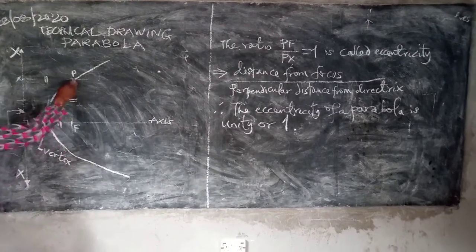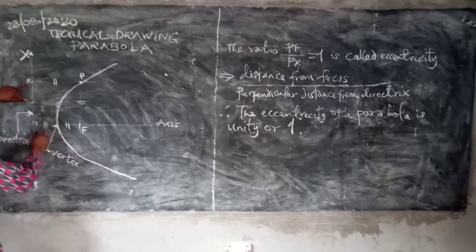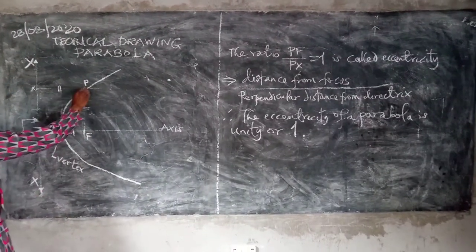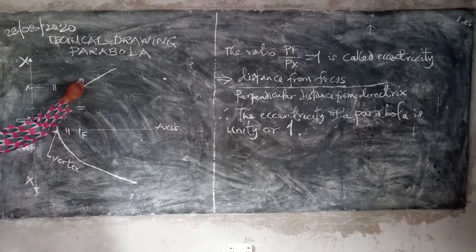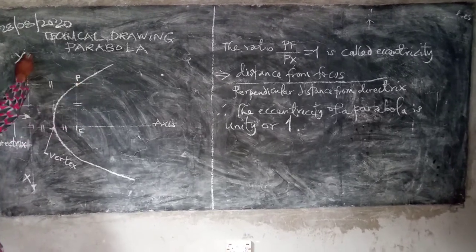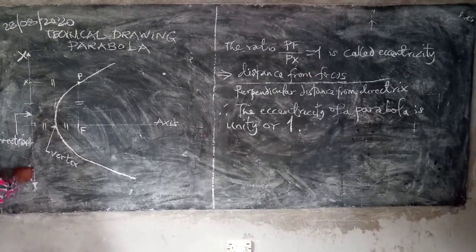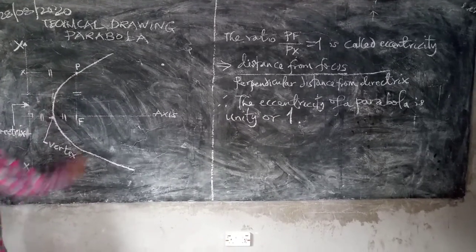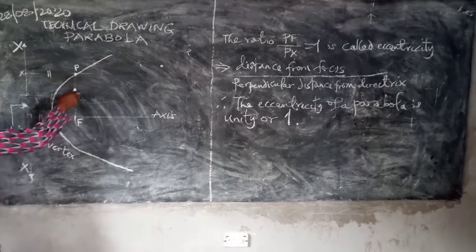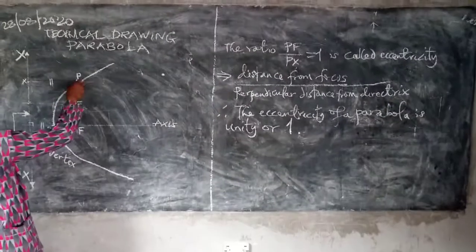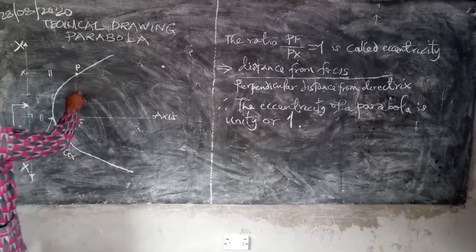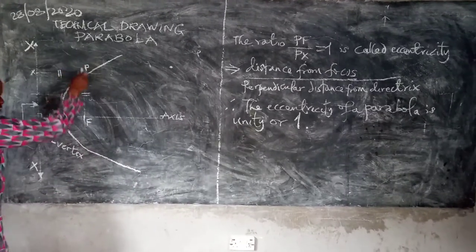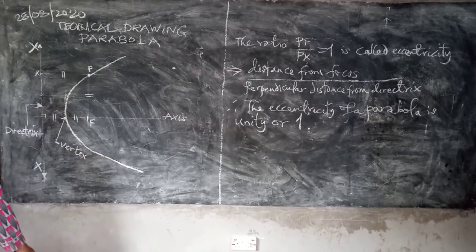That is, from P to X is the same as P to F. From this point, which I call P, to any part of the directrix drawn at right angle, the distance will be equal to the distance from this point to any part on the axis, provided the distance is taken perpendicularly.